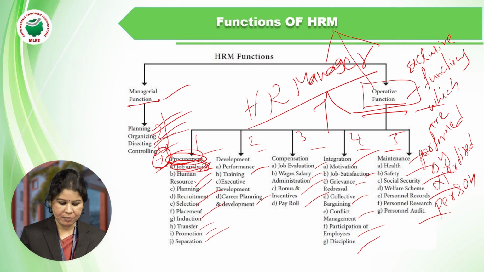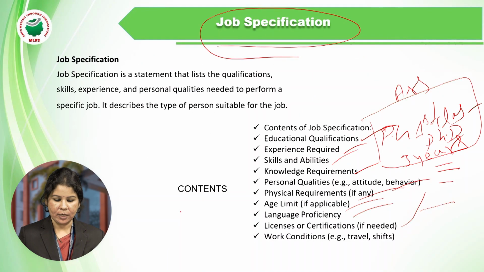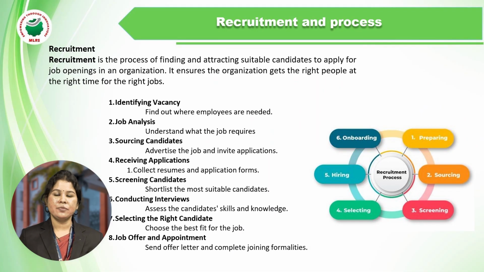Here we have recruitment, the third operative function, which is recruitment and selection. First we'll discuss the difference between recruitment and selection. Here I am using two terms, recruitment and selection, and people get confused about the difference between these two technical aspects.